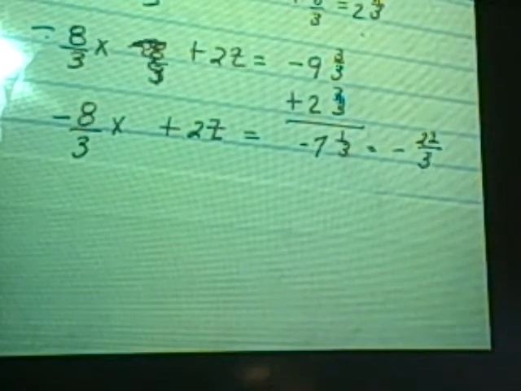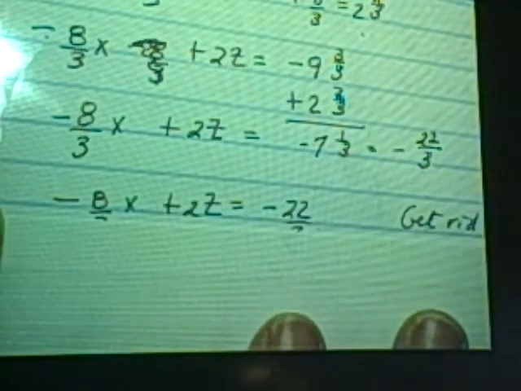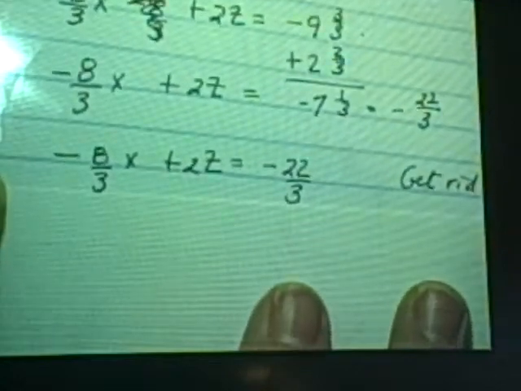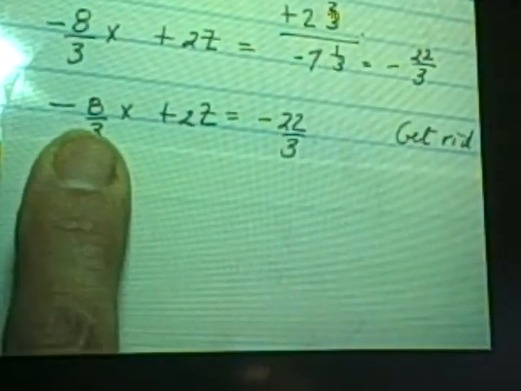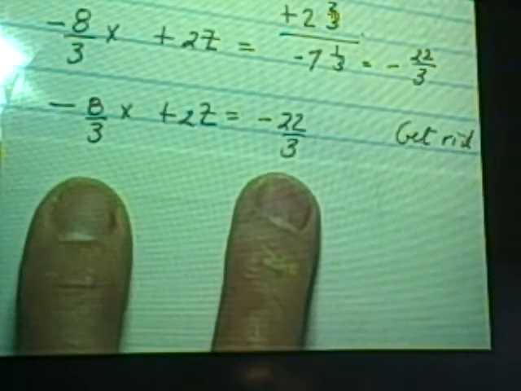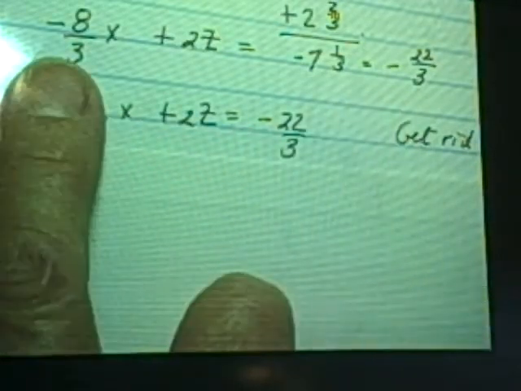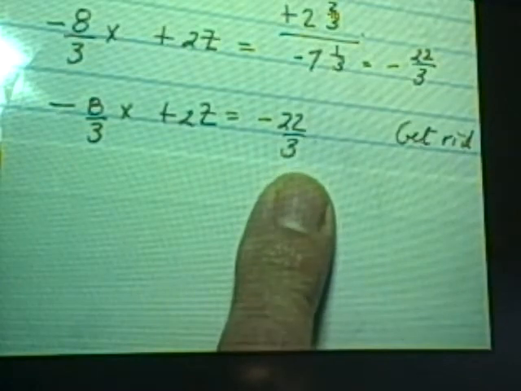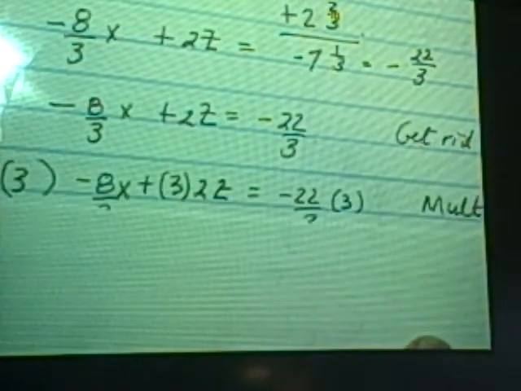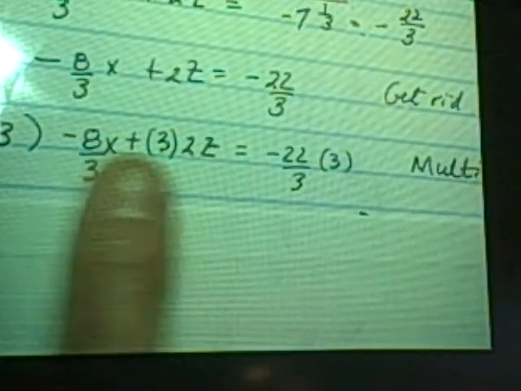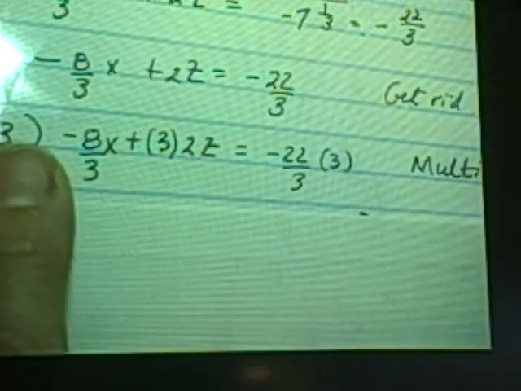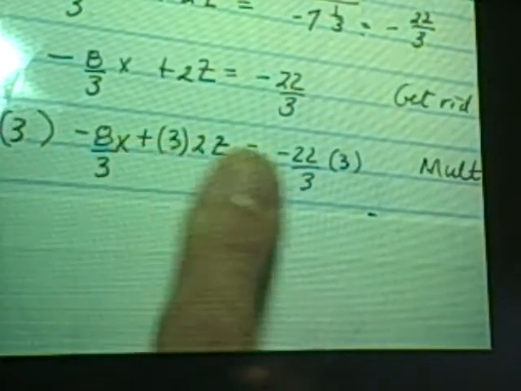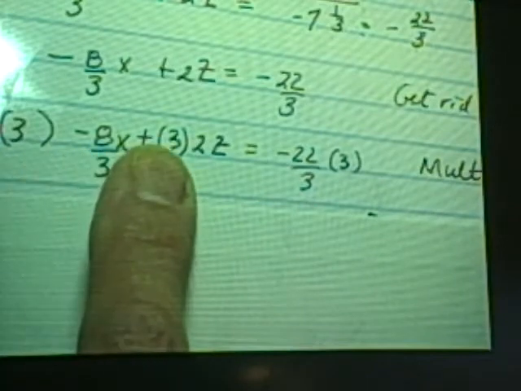Okay? All right, so I now have 2 variables. And before I move on, I decide to get rid of the fraction. Because this one happens to be a third, and this one is 22 over a third, I know that I can get rid of the fraction by multiplying each term by 3. Really important to remember, if I'm doing something like that, I have to multiply each term.